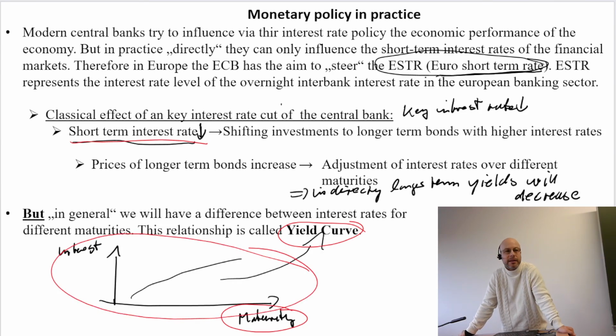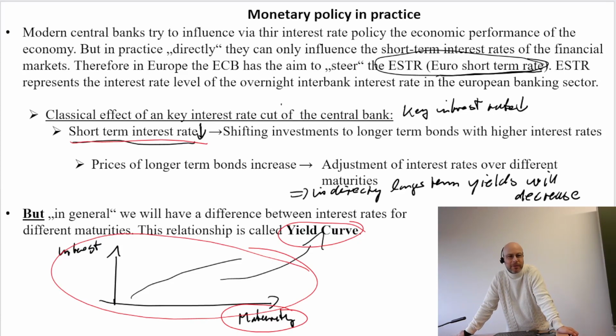And about this yield curve, we will talk today in detail because we had this talk on Monday about trying to make a good investment. And Dr. Jörg also talked about how to get a good signal where we are in the business cycle.